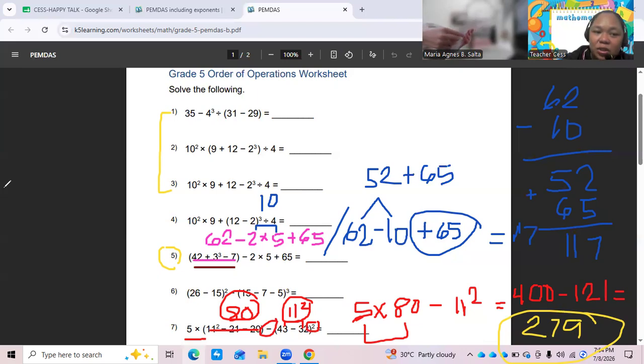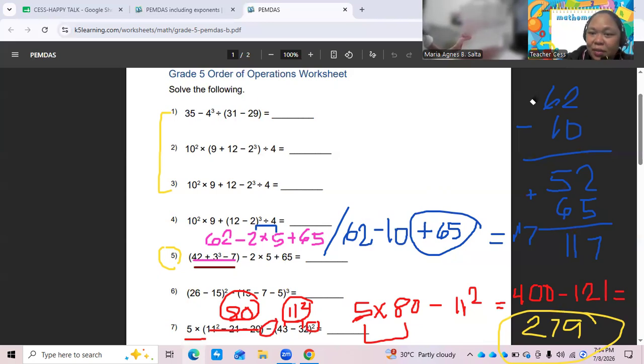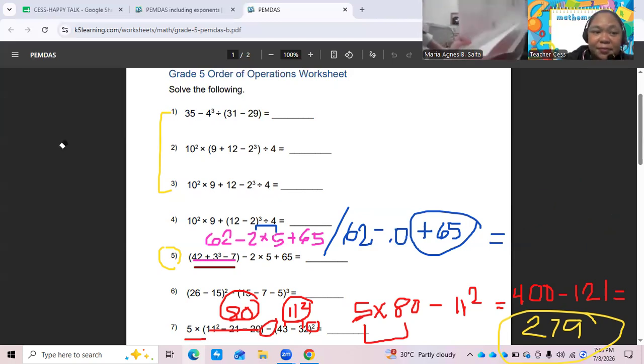Do you have any question? Miss, I got perfect in division. Wow, very good. Division of what? Integer? Regular division. Wow, very good, that's nice. You have to continue that, okay?